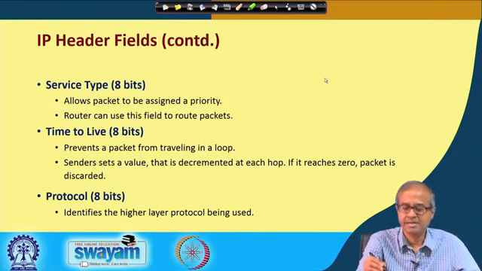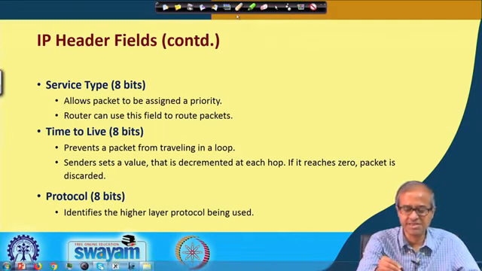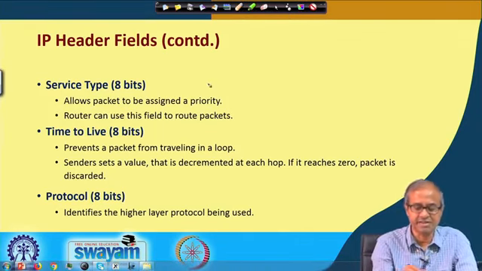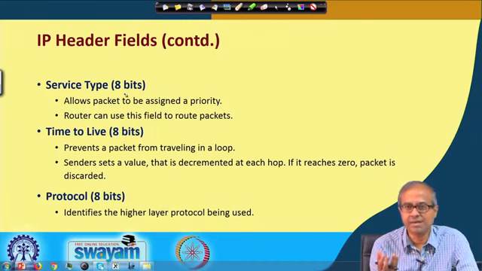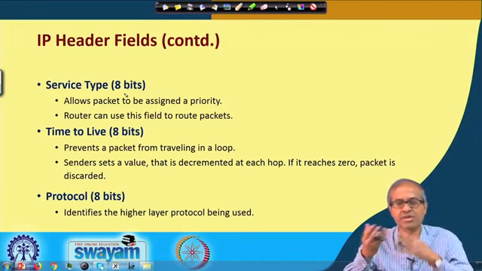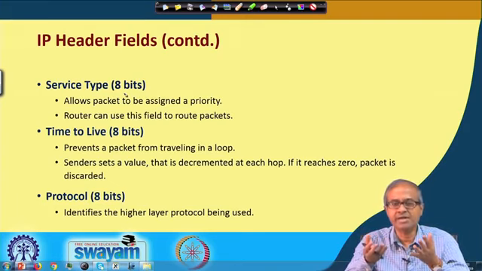Then there are some other fields, some of which are used very rarely. For example, service type. This is an 8-bit field which contains some additional information which allows a machine to tell whether you are wanting some special kind of service, like whether you want to give some higher priority to your packets.